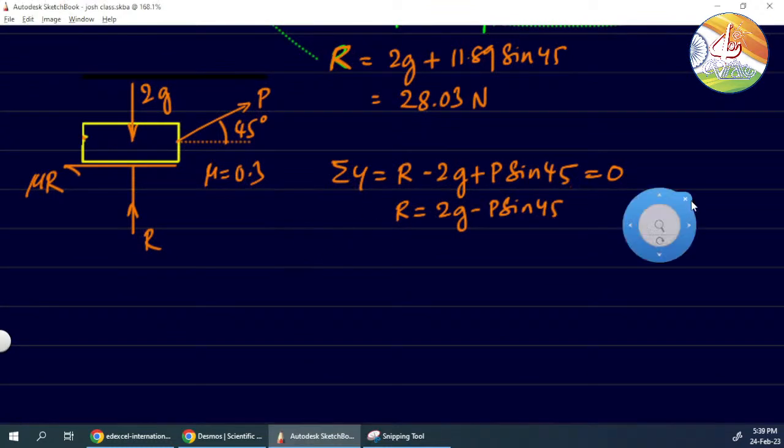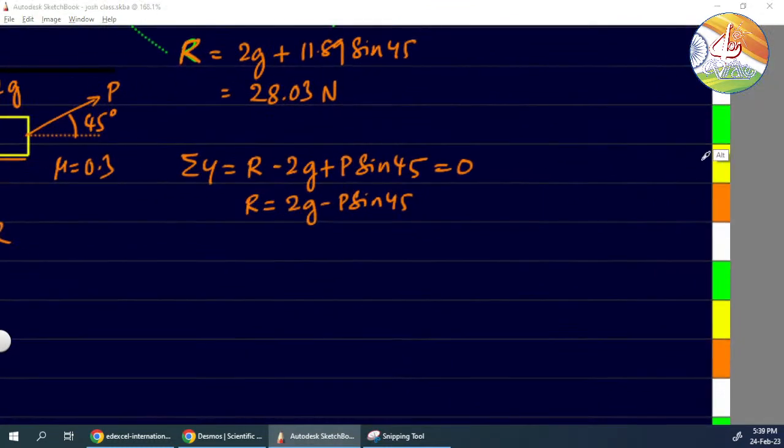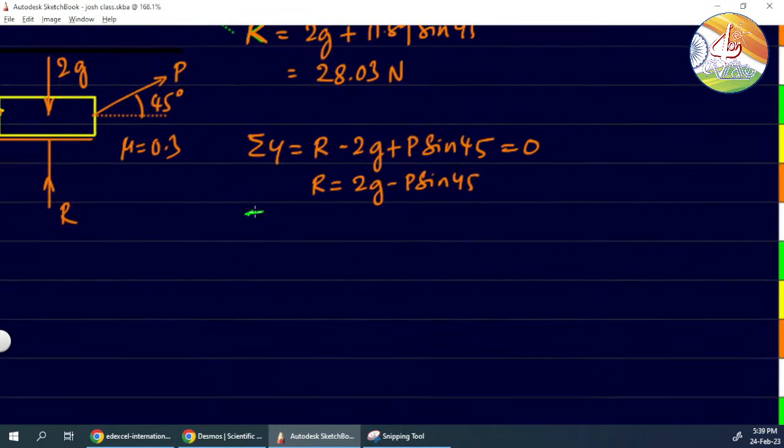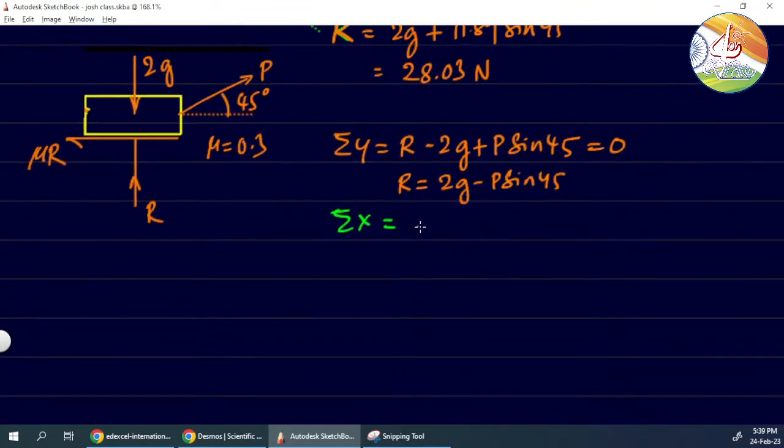Then we have to take the next one, sigma x. So what are the x components? P cos 45, and then minus mu R, correct?